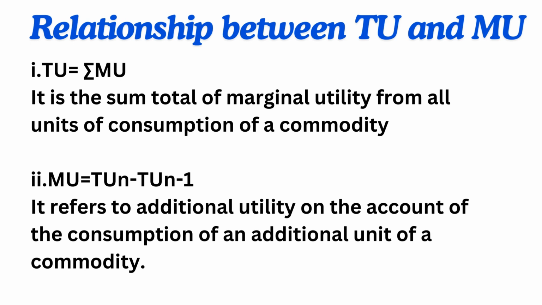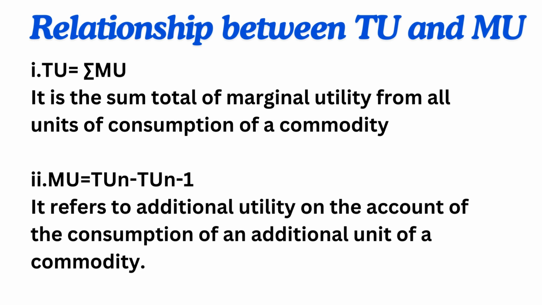Now let's understand the relationship between total utility and marginal utility. While explaining this, the number one thing that we will do is give the formula of TU and MU.